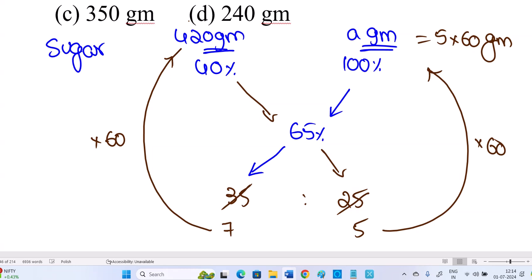We can also solve this question using the equation format. This is using mixtures and alligation knowledge. How can you handle this question?